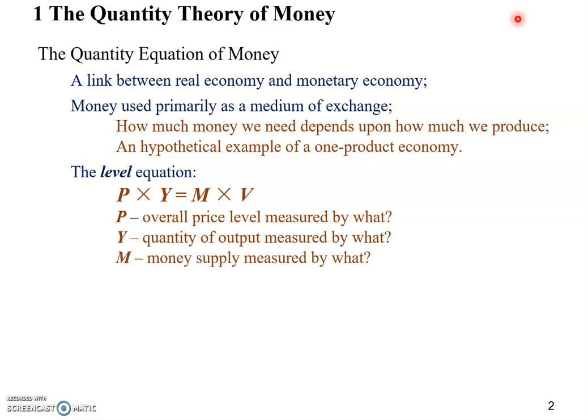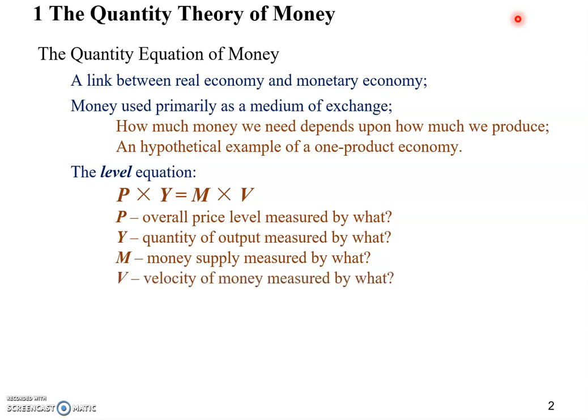Which could be measured, again, back in chapter 4, we said that we have multiple measures of money, M1, M2, M3, MZM, etc., right? The most commonly used one as a measure of money supply is M2, all right?